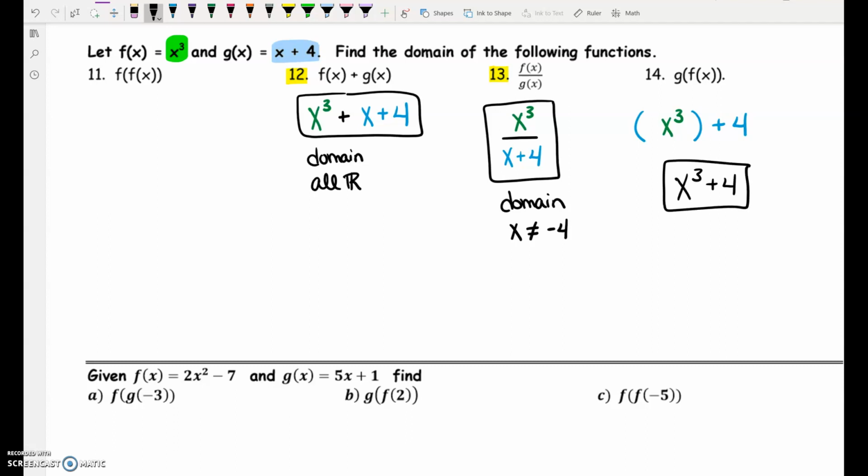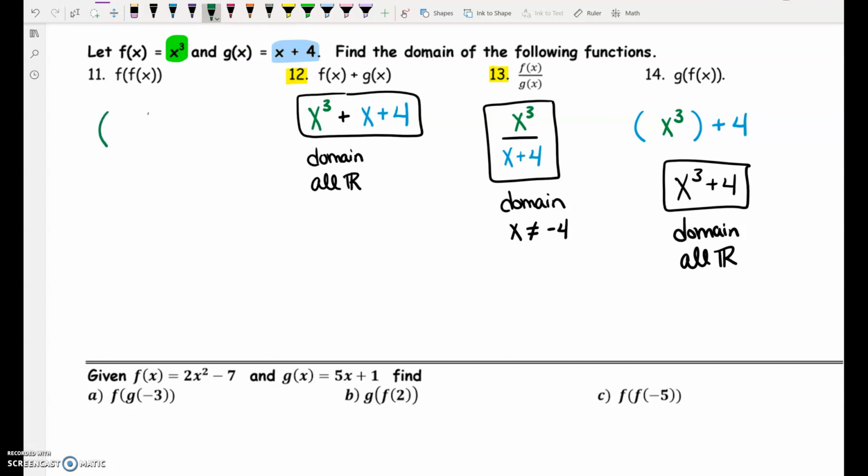Then I want you to think about, are there any x values that we can't cube? Can we do positive numbers cubed? Yeah. Negative numbers cubed, 0 cubed, all fine. So our domain is all real numbers. Okay. Number 11. This is one of my favorites. f of f of x. This means we're taking that green function x cubed.